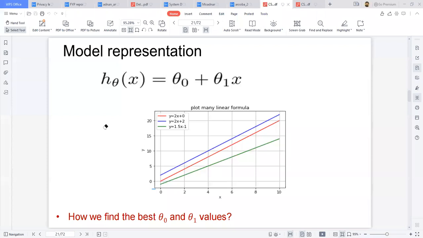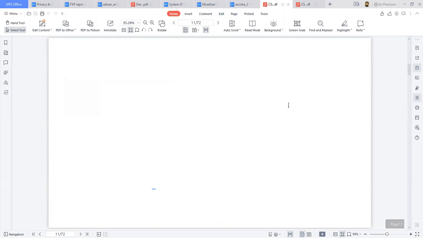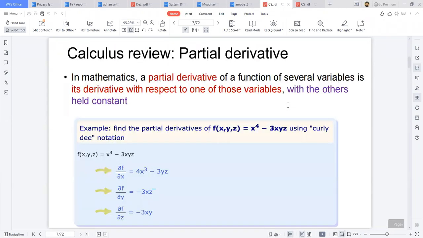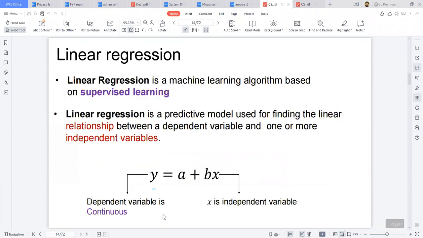Okay. So we can just go back. So this one is like, we know how this equation works.